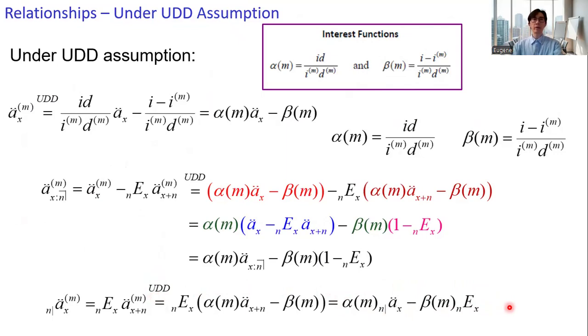You can see the similarity among these three expressions. First, we have ä_x appearing again in the relationship for every case, for the annual case here. And then for the n-year annuity due, the every case and the annual case. Similar for the deferred annuity due.